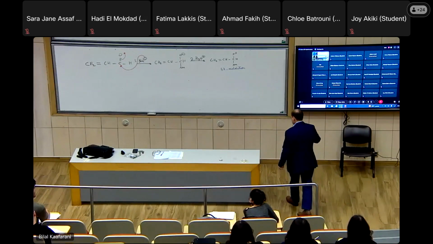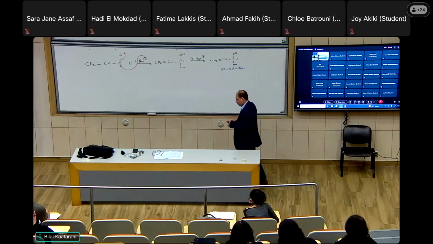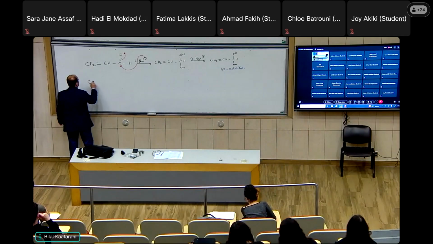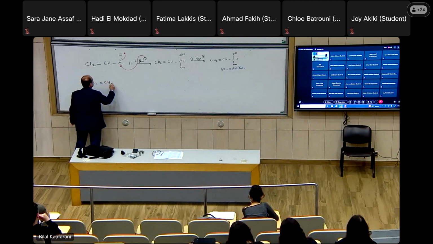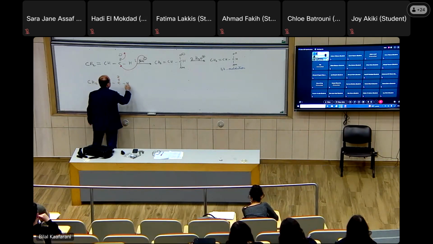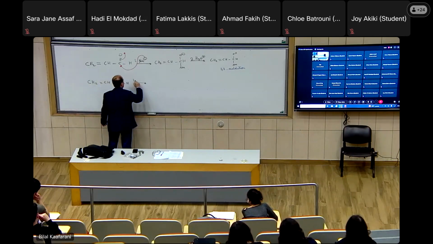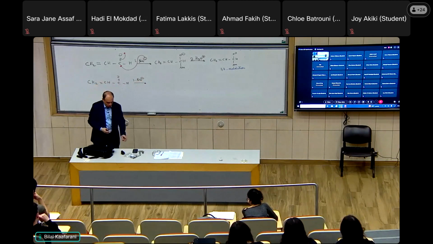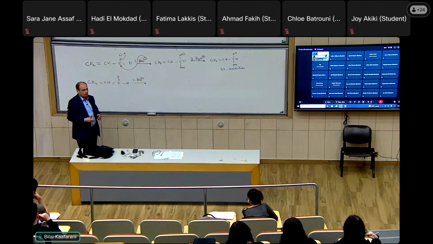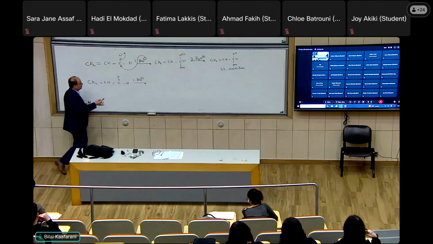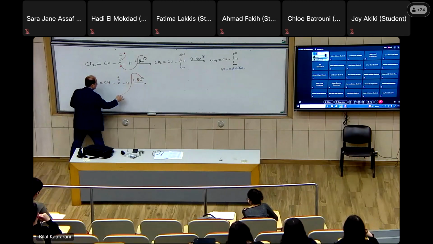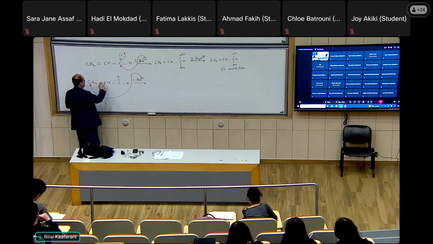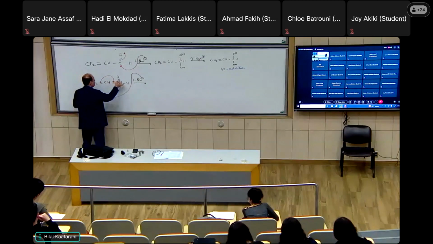But there is another possibility, which is the following. This CH2 double bond CH, C double bond O, H, and I am reacting it with my nucleophile. This nucleophile can attack the beta carbon. As such, the double bond will go over here, and this will go over there.